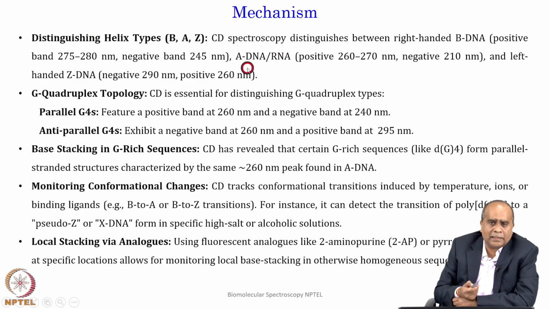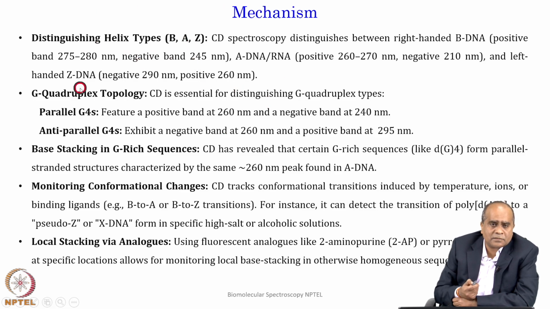A or RNA gives a positive signal at 260 to 270 and negative at 210, but left handed Z DNA gives a negative signal at 290 and positive signal at 260, right. So, between A, B and Z, because of differential base stacking, you have a different pattern, and that is what one can use for distinguishing A type, B type, Z type DNA.